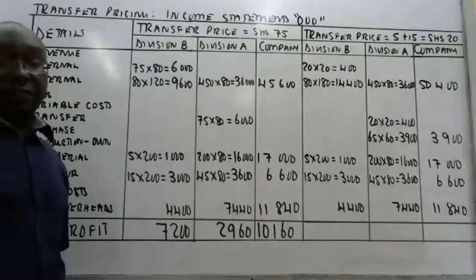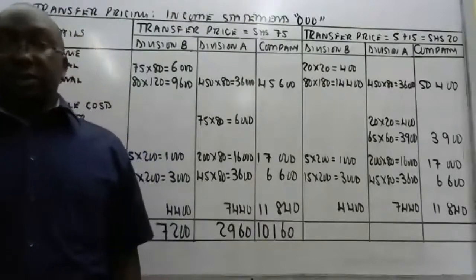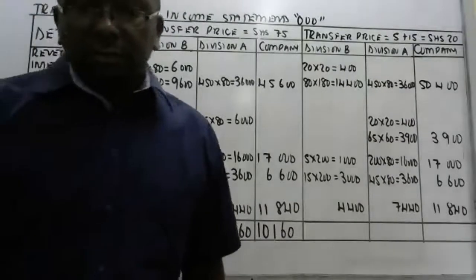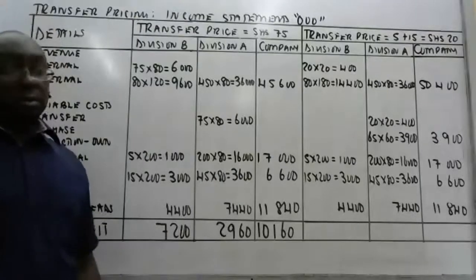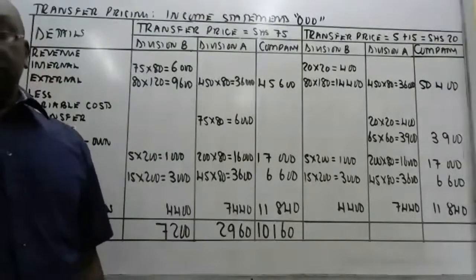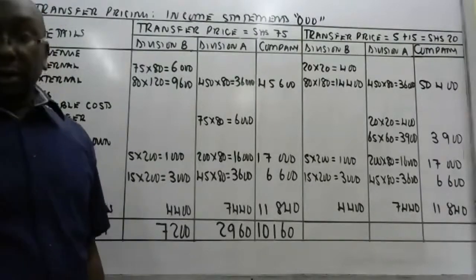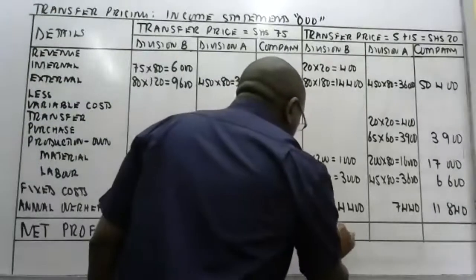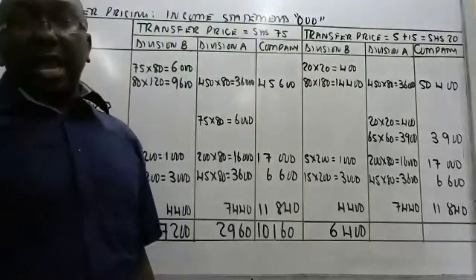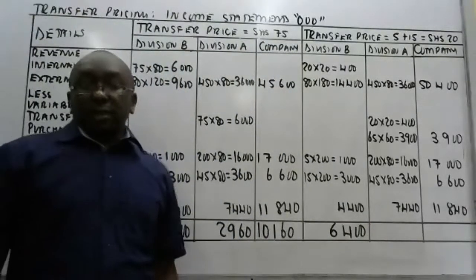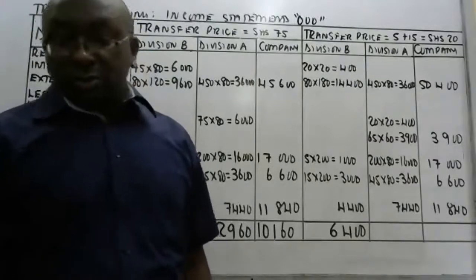Give me now the profit for division B. The profit for division B. Have the first response. Good. Those are enough. Now 6,400. Let us go to division A. Division A, and you give me the response.